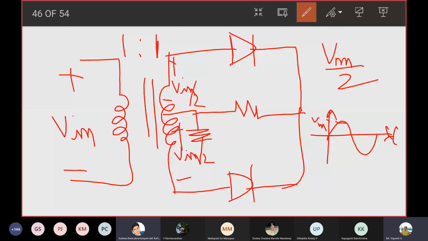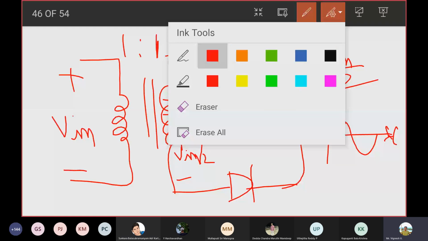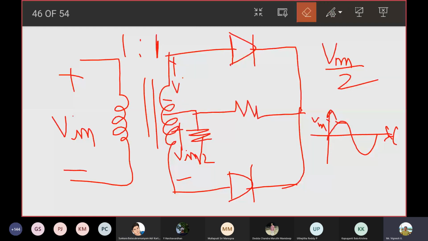See, mister, it need not be 1:1. You can take 1:3 also. No one will stop you from taking the turns ratio 1:3. The reason why we took it as 1:2 is because it is easier for analysis. If I take the turns ratio as 1:2, in the secondary coil, this will be V in and this will be V in, because across the secondary coil, the input voltage would be 2 times V in, right?